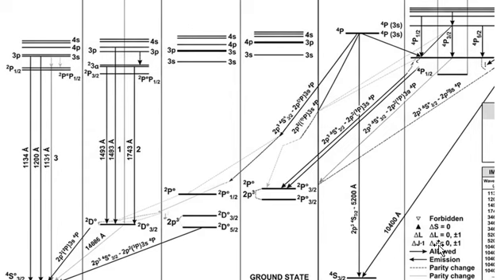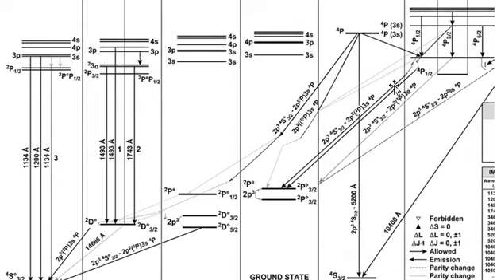And this delta S means that the multiplicities must be the same. That is, the transitions between the doublet terms will be the strongest, and similarly the transitions between the quartet terms will be the strongest, because they satisfy delta S is equal to 0. That is, they must have the same multiplicity for the transitions to occur.